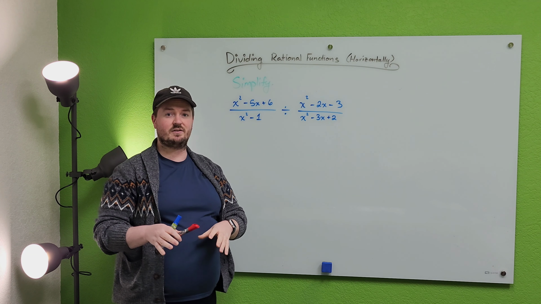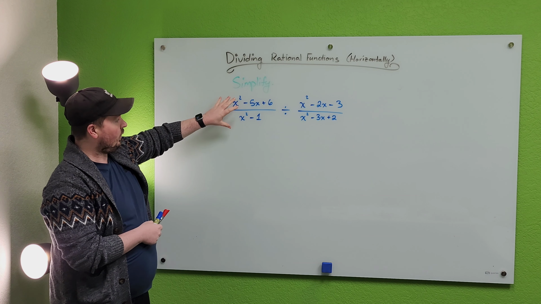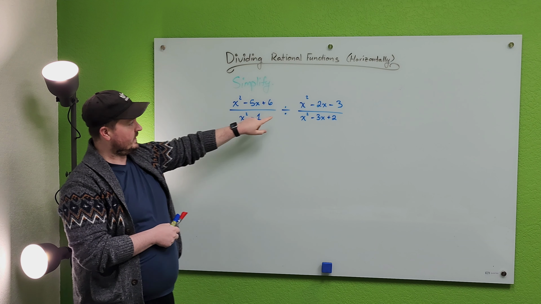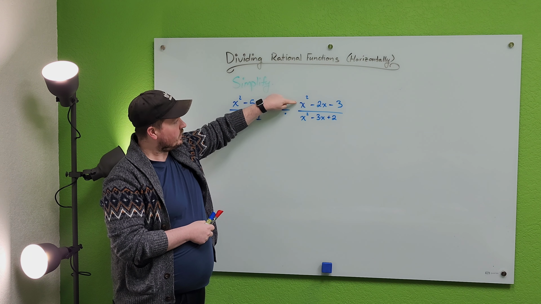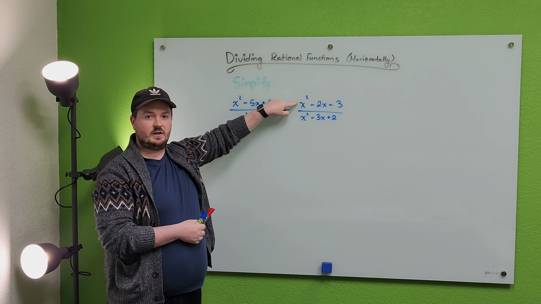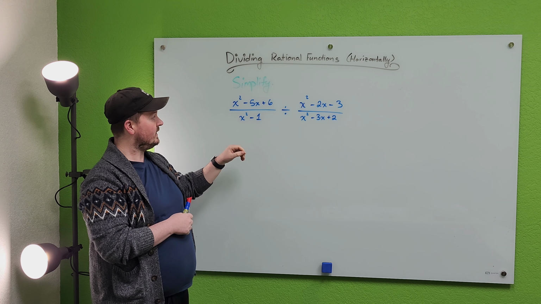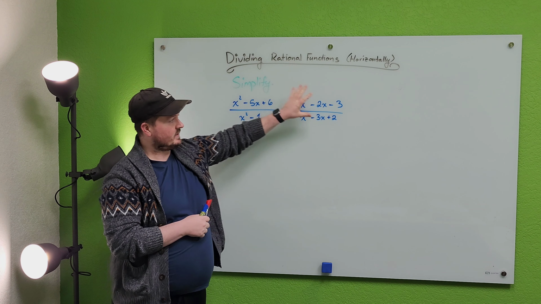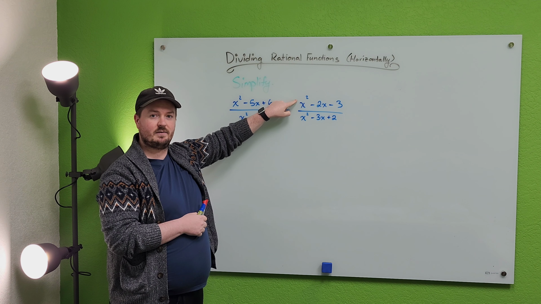And here's a really interesting third consideration. This whole thing is being divided by this whole thing. So usually we don't mind if a numerator of a rational function becomes 0. It's not usually a problem. But in this instance, since we're dividing by this entire thing over here, this numerator cannot be 0 either.